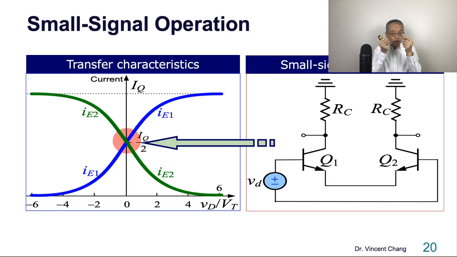So I want you to get the sense that the two AC currents should be out of phase. The small signal operation for the differential amplifier is going to operate around the red zone, within a very small, narrow linear range.